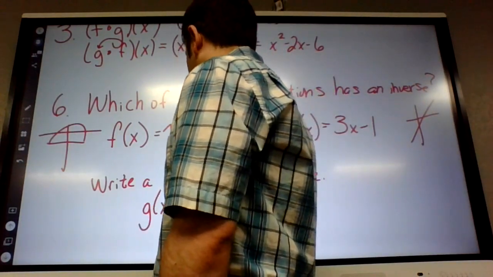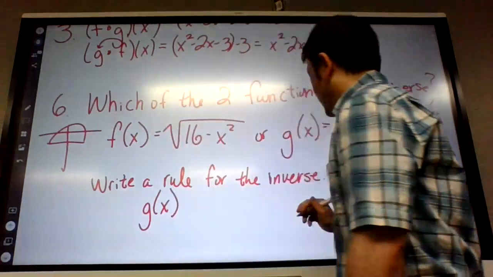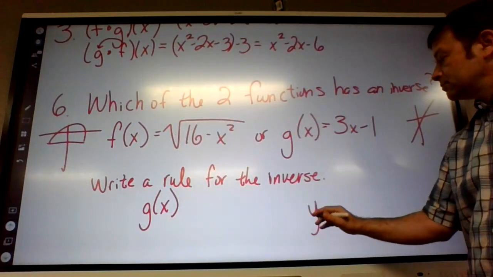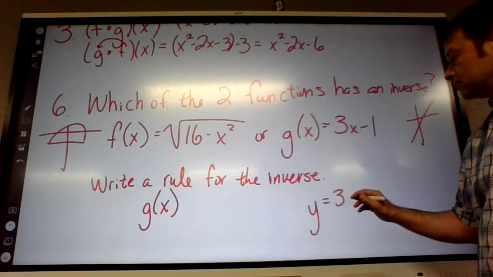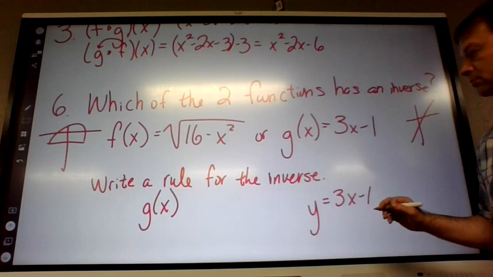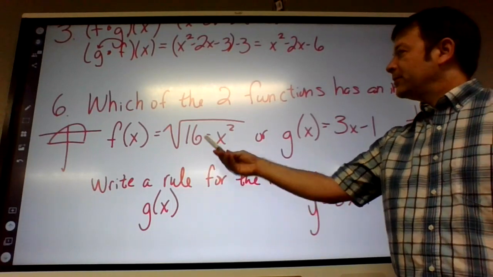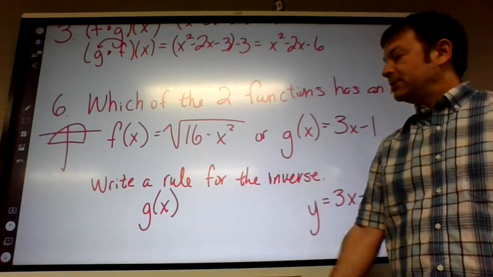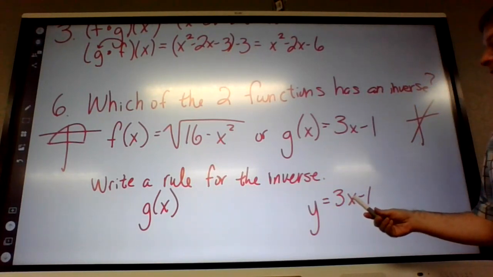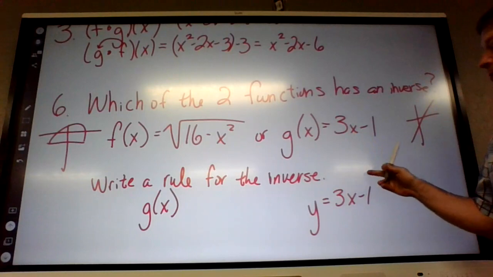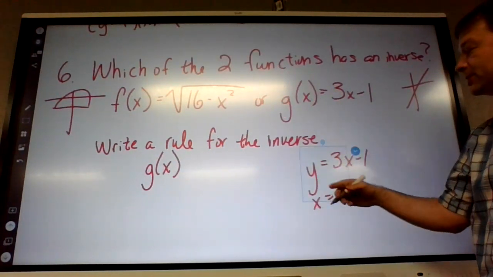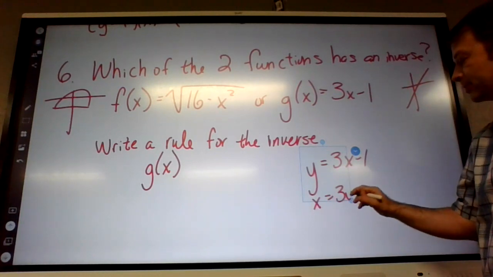It has an inverse. And how do we find the inverse? That's really the main part of the problem. Could you just say like the line thing, or would you have to put something else? Which of the two functions, g of x is the function, or you could just say g is the function. How do we find the inverse? Switch the x and the y value. So I replaced g of x with y just to make it easier to work with.